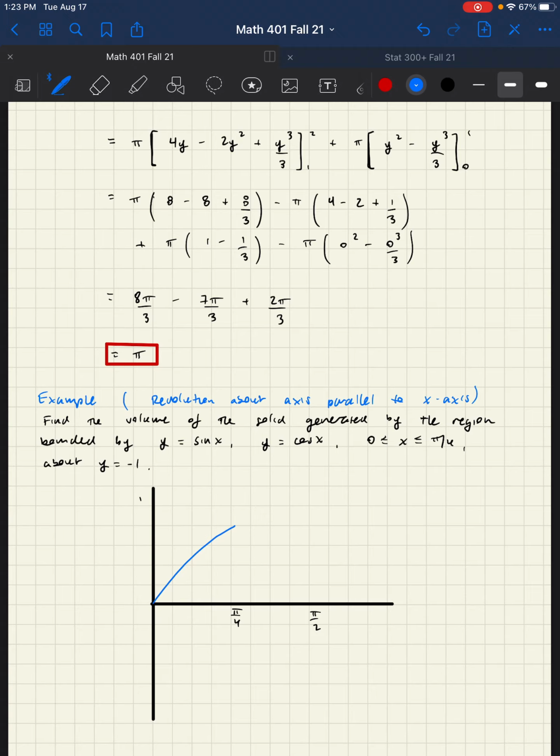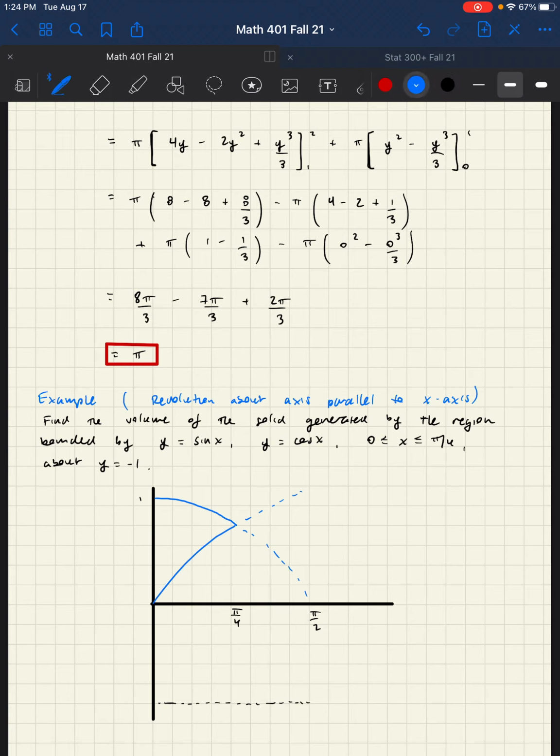And then cosine, on the other hand, is doing the opposite. It is coming down from 1 and is going to be crossing the x-axis at pi over 2. So you can imagine that they kind of go like this. We're halfway on that journey. And the line that we're rotating this about is the line y equals negative 1.